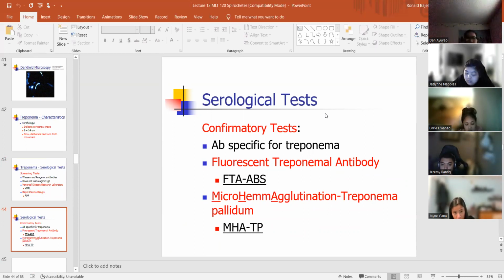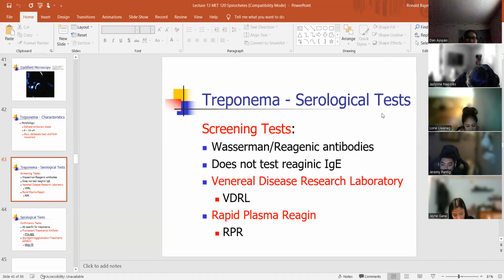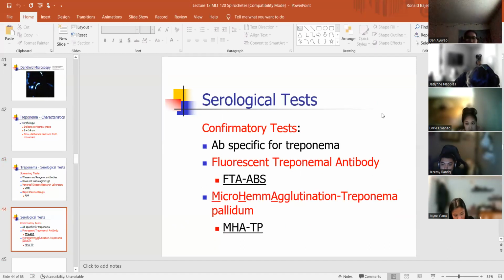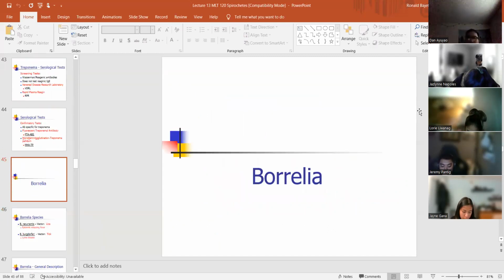It's specific for the Treponema pallidum organism. So the two screening tests are the VDRL and RPR, and the confirmatory tests are the FTA-ABS and the MHA-TP. Those will be asked on my exam, and probably on your board exam, so make sure you know the screening test versus the confirmatory test.